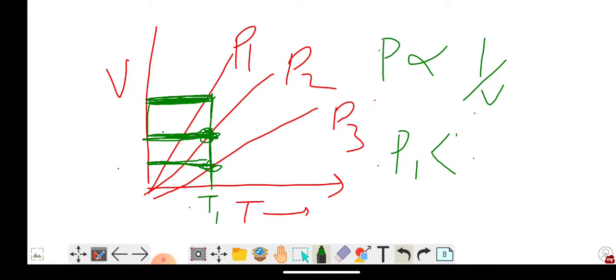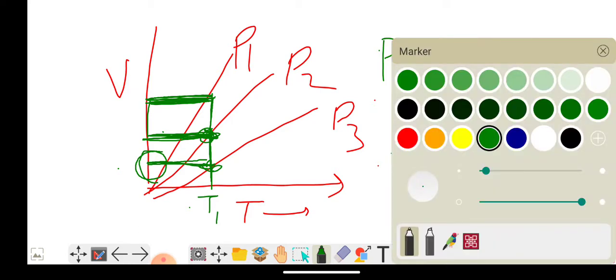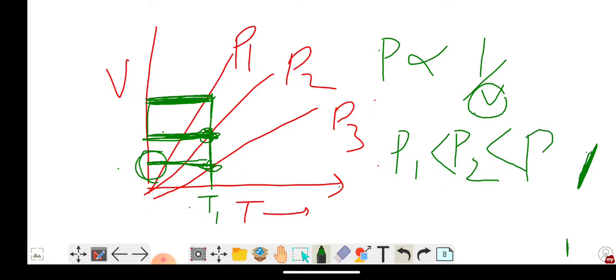So here P2, and lastly P3, which has the least volume, has the greatest pressure.